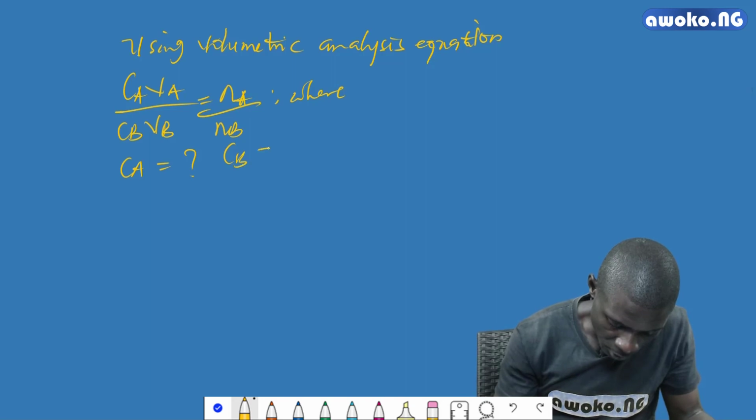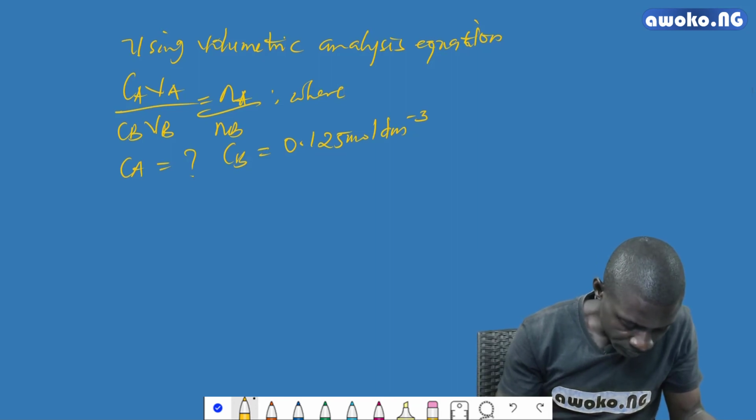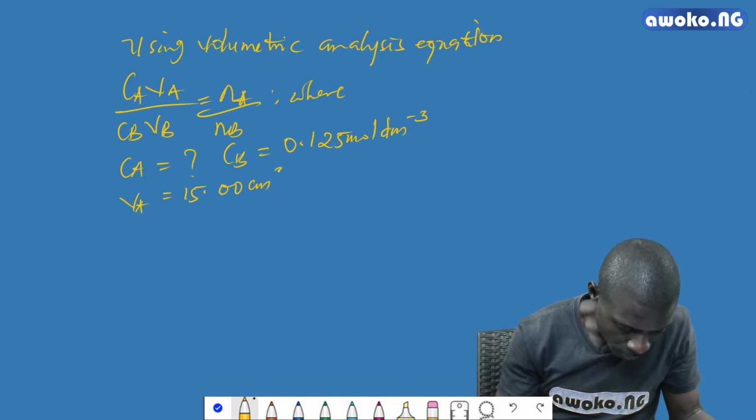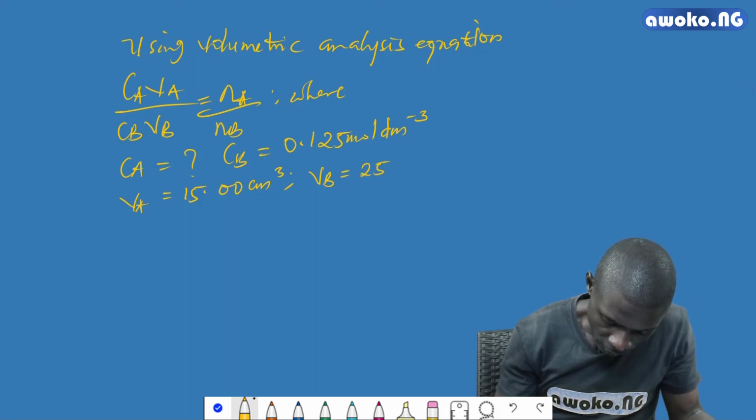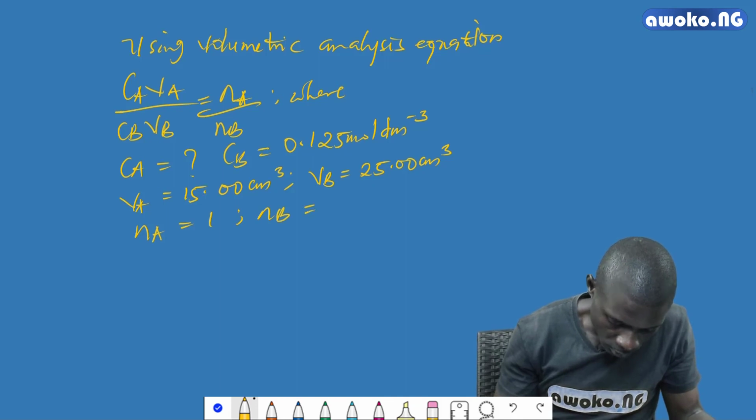We have been given our molar concentration of the base as 0.125 mole per dm cube, and we have also been given our Va to be 15.00 cm cube, while our Vb is equal to 25.00 cm cube, while our Na is equal to 1 and our Nb is equal to 2.